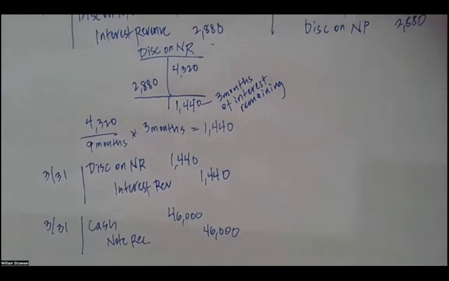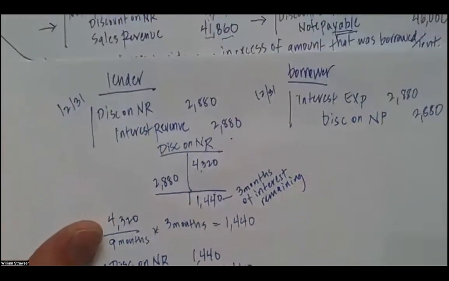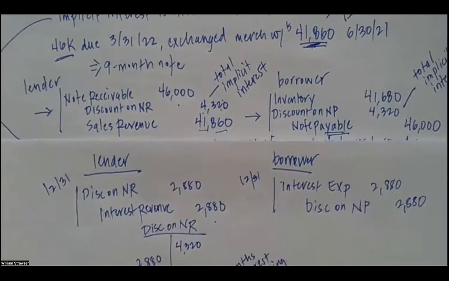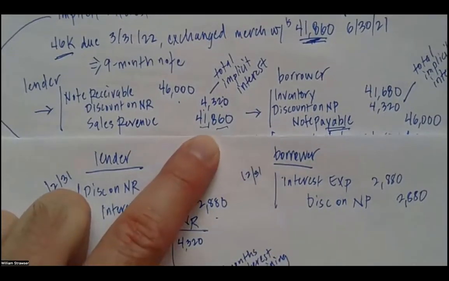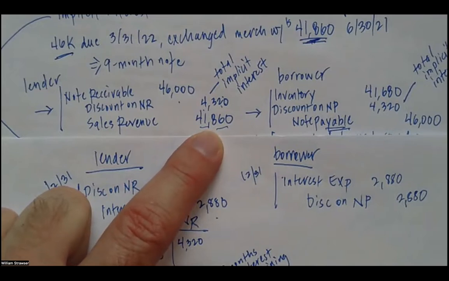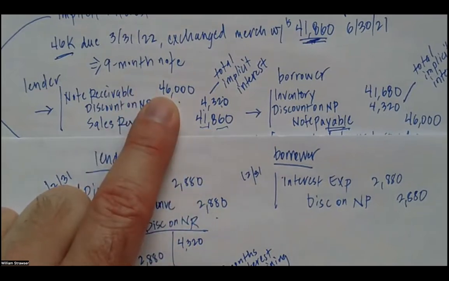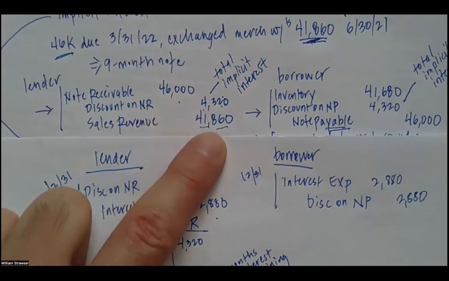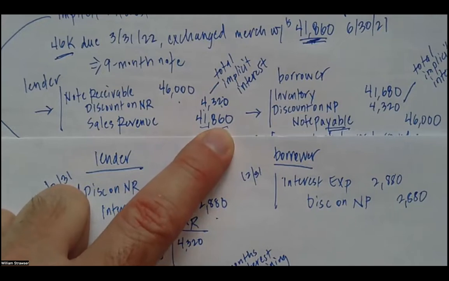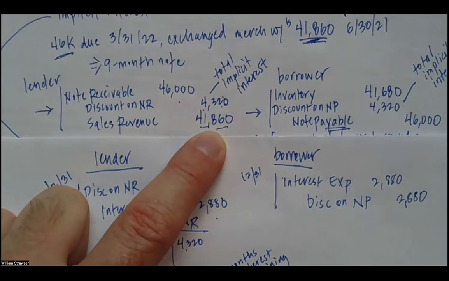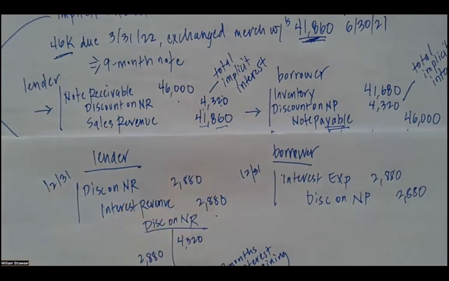And now it makes a little more sense. When I originally said, oh, you might be a little confused. Why are we only recording sales revenue of 41,860 on a note that promises I'm going to be paid $46,000 of cash? And the answer is, my sales only constituted a portion of this arrangement. The actual items, the inventory I sold, were only $41,860.